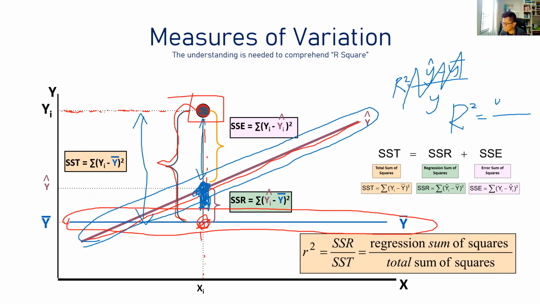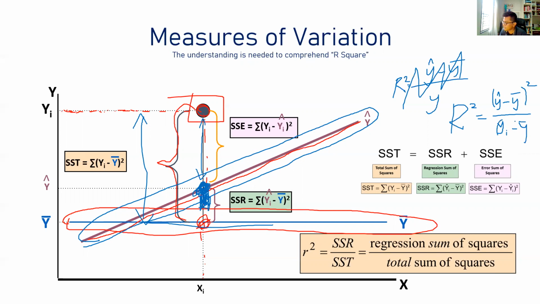It is calculated by y hat minus y bar, compared to if I use the prediction using only the mean value. So this is y i minus y hat, and then I square this. The intuition is like that.